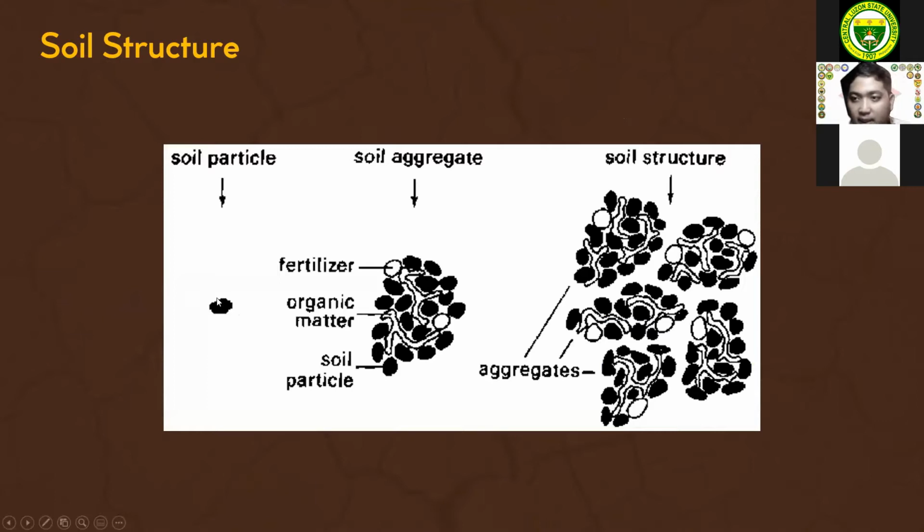It can be sand, silt, clay, organic matter, or fertilizer, or other concretions that when grouped together, form an aggregate. That aggregate now will be arranged with other aggregates, and that is how a structure is formed. So that's the soil structure.